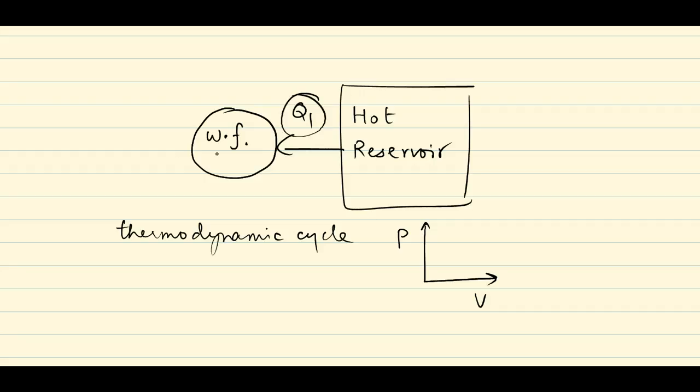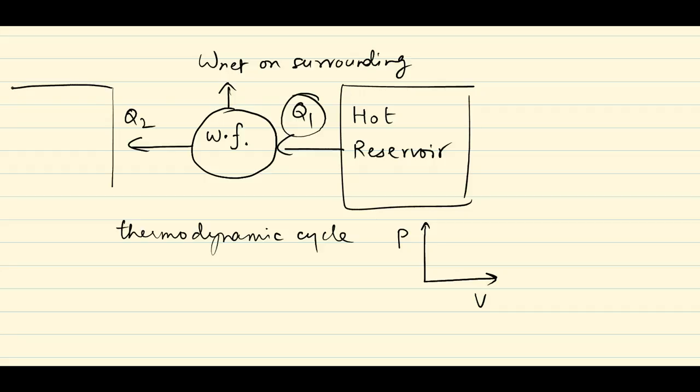In this thermodynamic cycle, the working fluid converts this heat into two things. It does net work on the surroundings, so that is one place where Q1 is used up, and the balance is given as Q2, heat to the surroundings, which means it is actually given to what is technically called a cold reservoir.